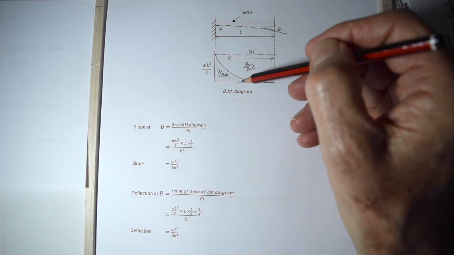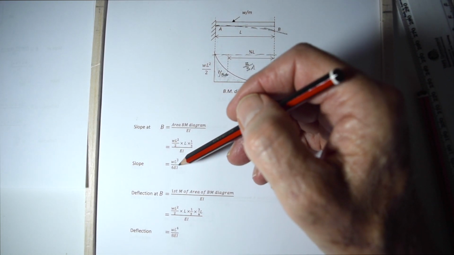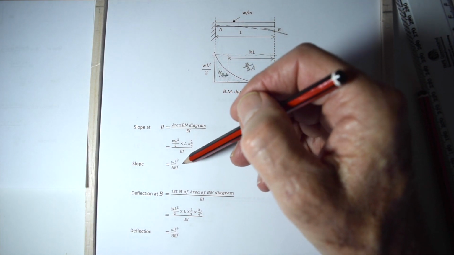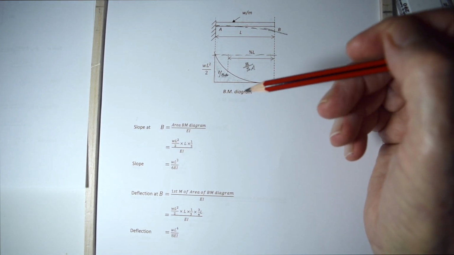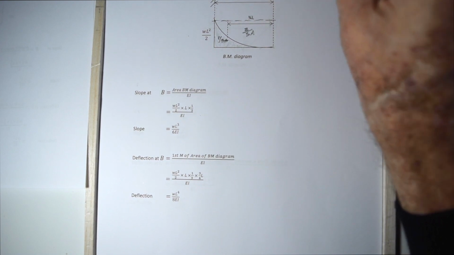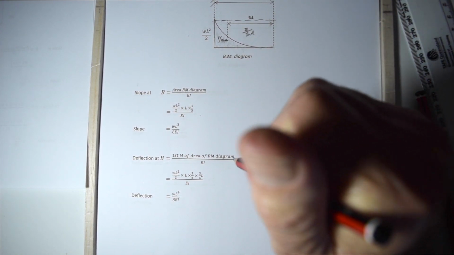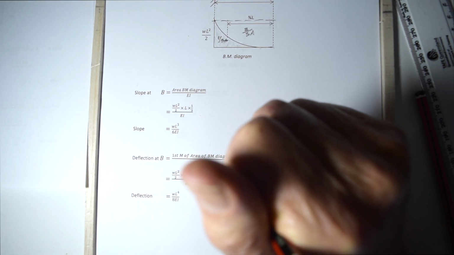And that's the third there, times the 1/3 over EI, which gives you a slope of WL cubed over 6EI radians.